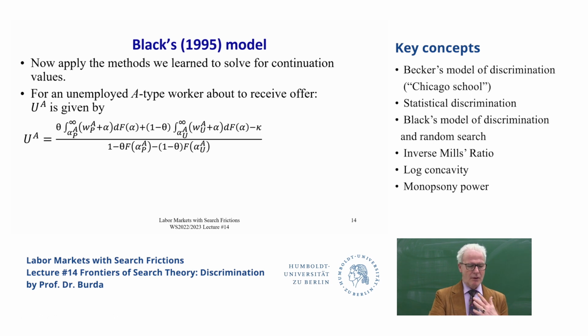it's a function of all the different possible values of WA and WB that could be posted. For the UA worker, the UA is only going to get WA offers because it's an A worker, and all the uncertainty comes from the worker's own personal judgment. This is a single offer, but you like it or you don't like it because of the non-pecuniary aspects.